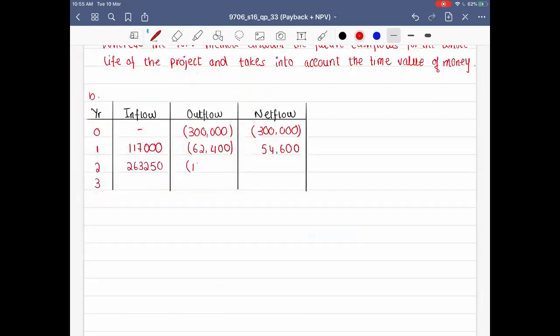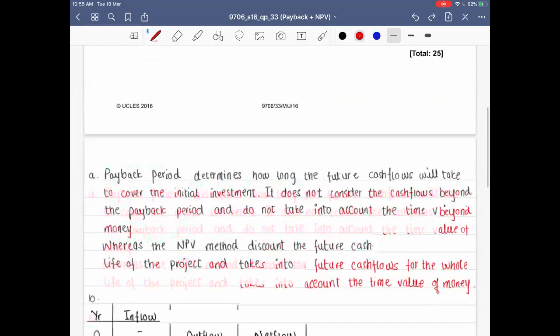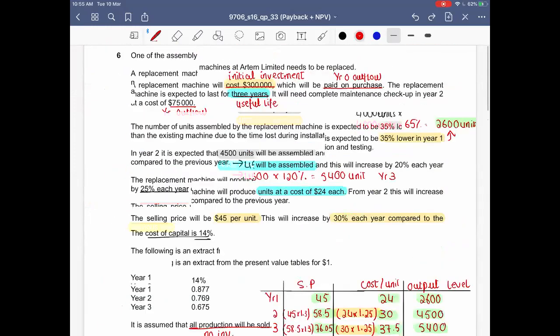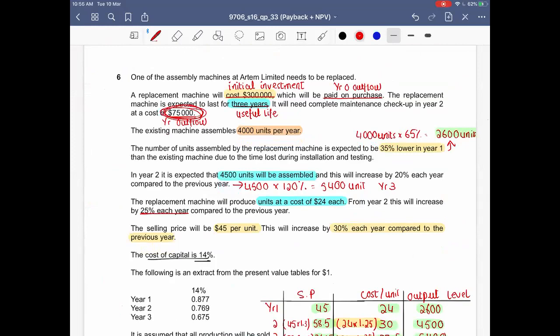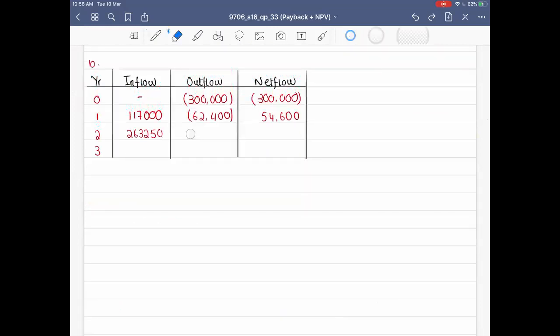That is 135,000 plus maintenance cost भी आएगी sir, 75,000. तो 263,250 minus 135,000 minus 75,000. That is 53,250.